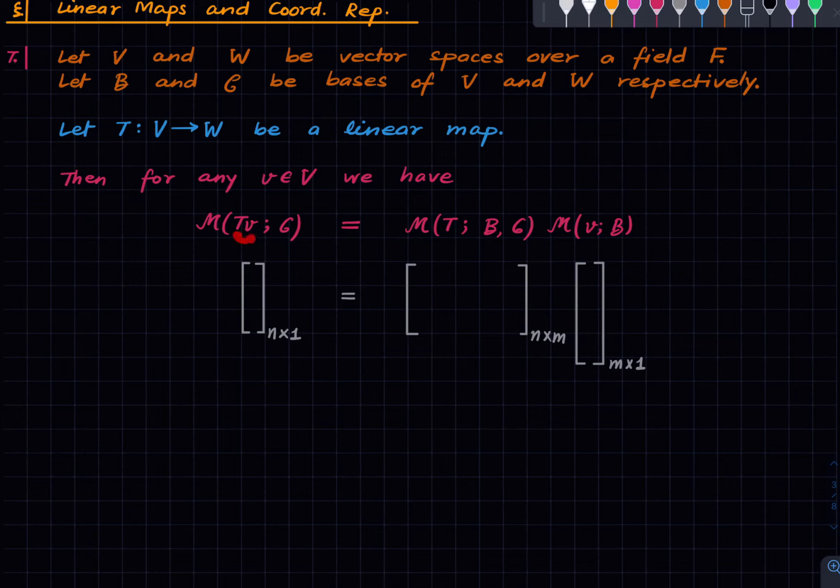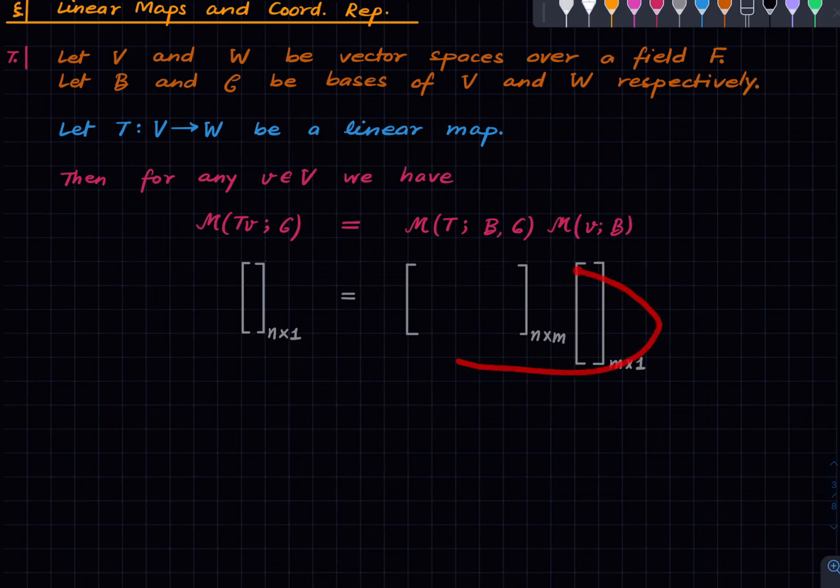The coordinate representation of the image vector is the same as the matrix representation of the linear map times the coordinate representation of the vector that we started with.